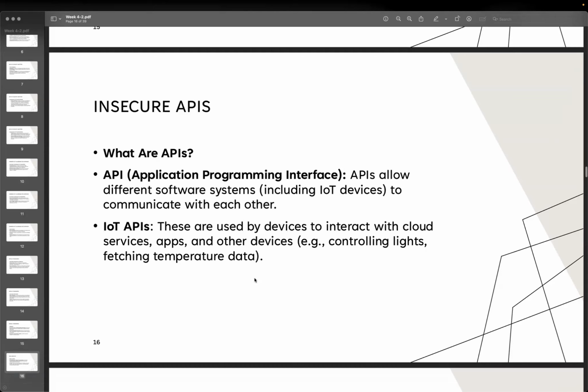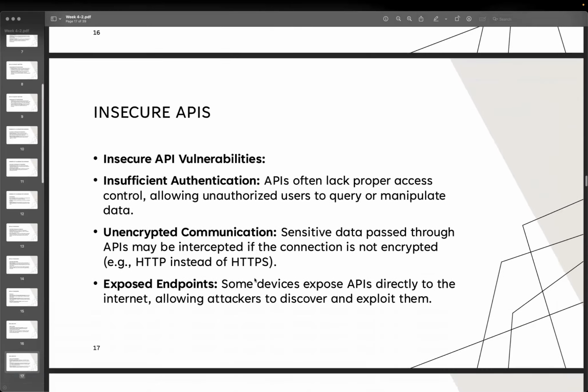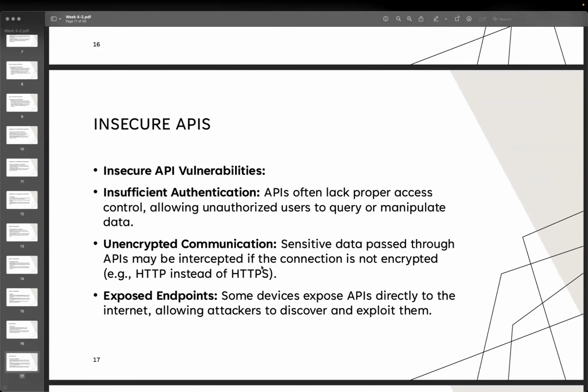Insecure APIs are vulnerable through insufficient authentication, meaning a lack of proper access control, so they allow unauthorized users to steal or manipulate the data. That makes attacks possible.